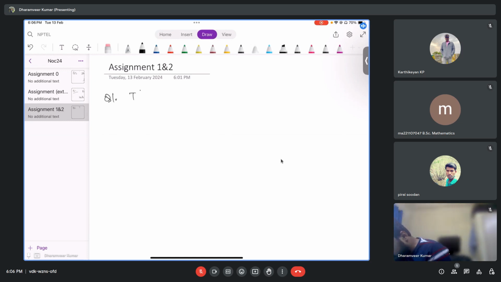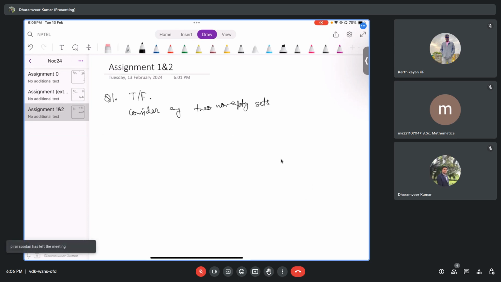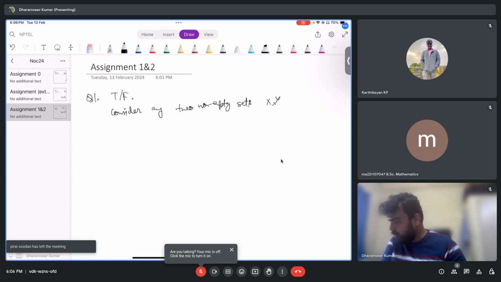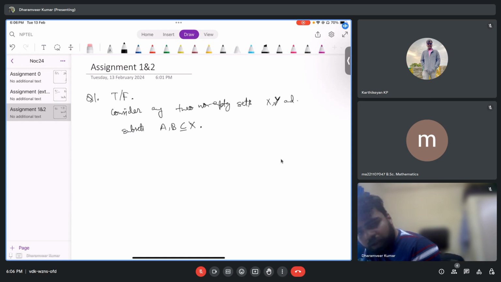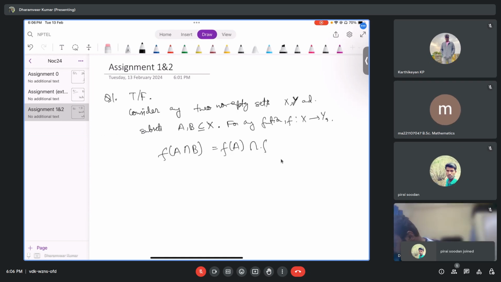Okay. It's a true and false question. Consider any two non-empty sets, and subsets A, B of X. For any function f from X to Y, what do you think?